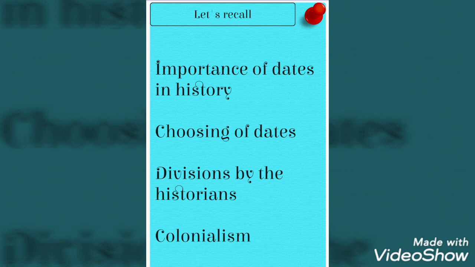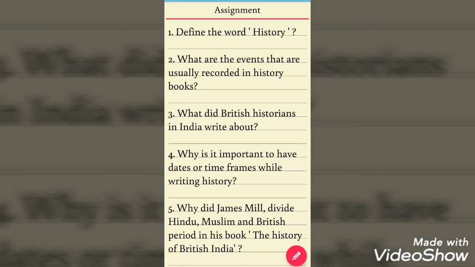So here is one assignment for you. Try to answer these questions. Write it down in your notebook. The first question, define the word history. Second one, what are the events that are usually recorded in history books? Third one, what did British historians in India write about?